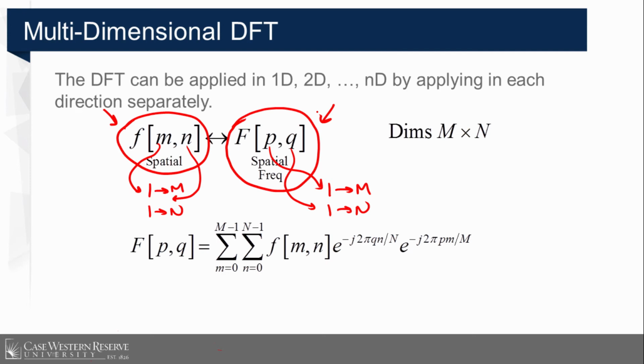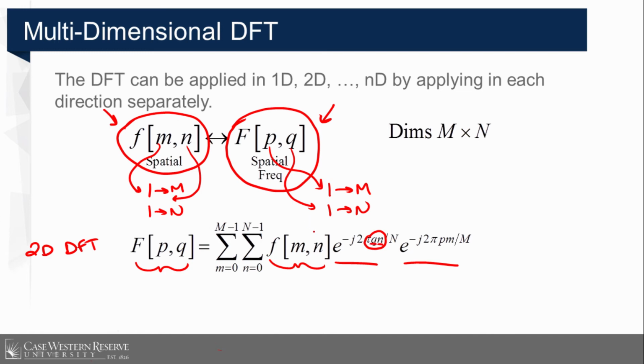So let's look at the mathematical expression for a 2D DFT and look at what it's doing. So here's our 2D DFT. So again, we see that we're taking our image and we're converting it into the frequency domain by applying these two exponential functions. All right, so we see first that this exponential function is going to link n, which is a function of space, to q, which is a spatial frequency.